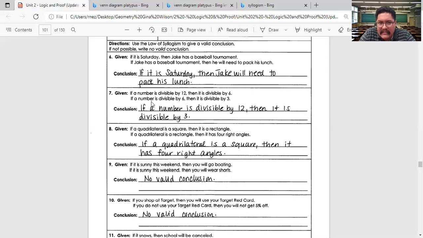Well, that one also makes sense too, because if you can divide a number by 6, you should be able to divide it by 3 as well. But you notice how the end of this one says divisible by 6. The beginning of the second one says also divisible by 6. So if a number is divisible by 12, then it is also divisible by 3. That again makes sense.